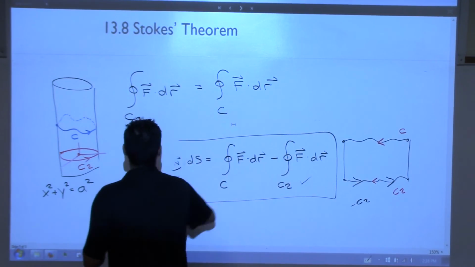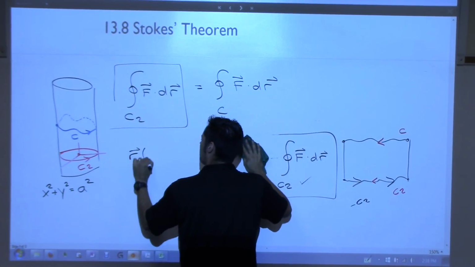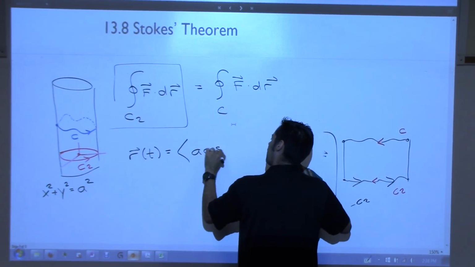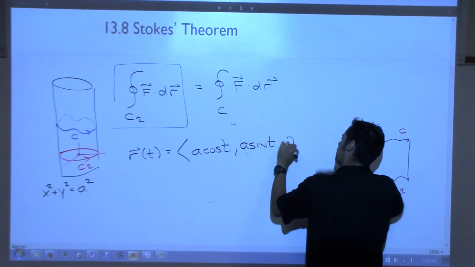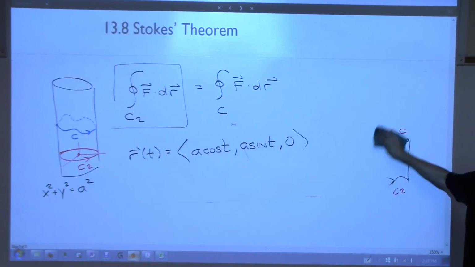This one we can do, right? R of t equals a cosine t, a sine t, 0. That's R of t. That draws me that circle, C2.